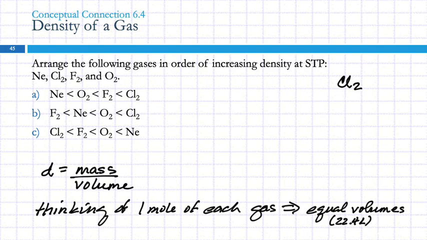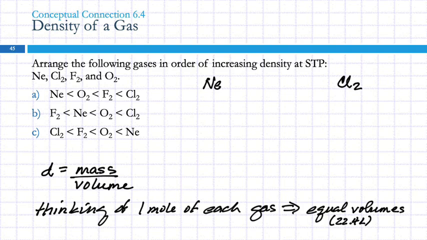And so which one's going to have the smallest density? The one with the smallest molar mass, right? Which would be neon? Because 1 mole of neon weighs 20 grams. 1 mole of O would be 16, but this is O2, so it's 32 grams.